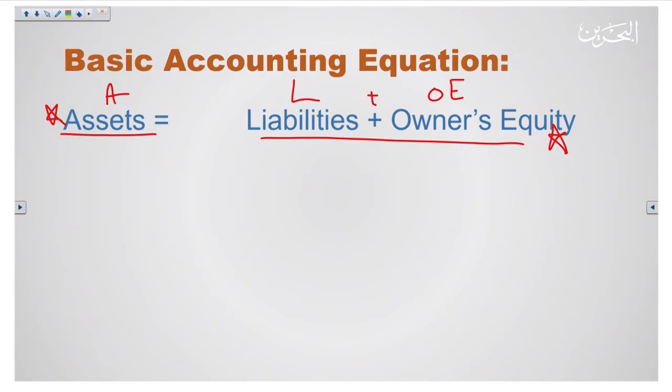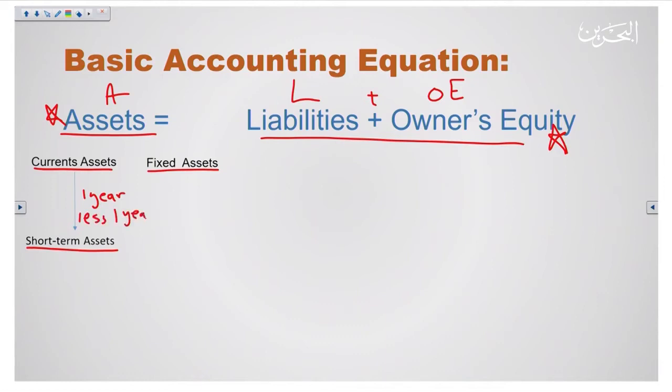In this lesson, we are going to learn that assets are classified into current assets and fixed assets. The current assets are short-term assets that are used in the business for 1 year or less than 1 year, like cash or supplies.